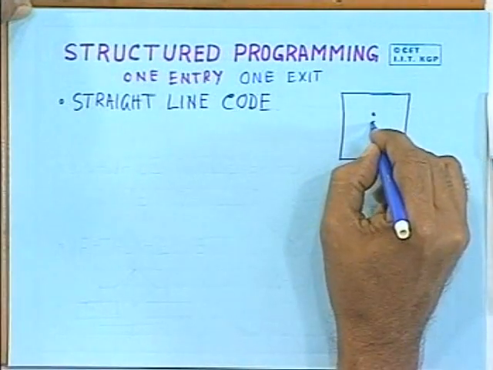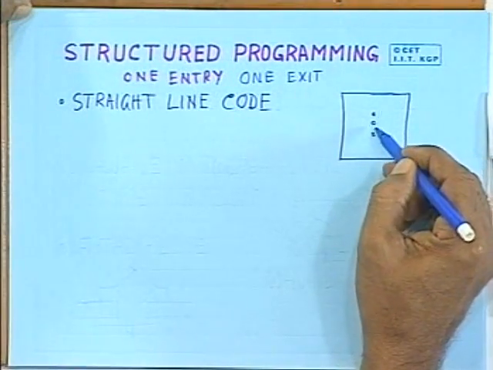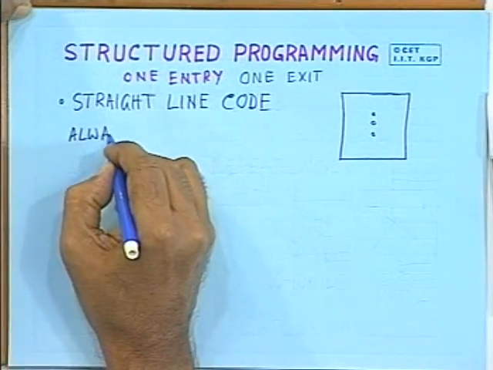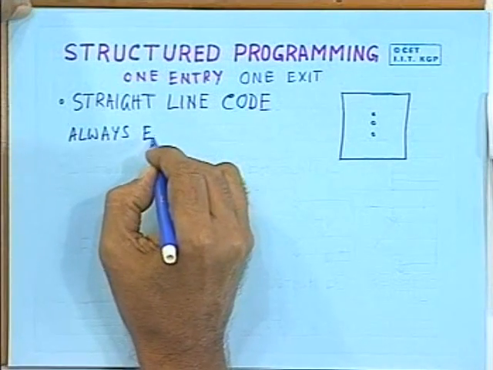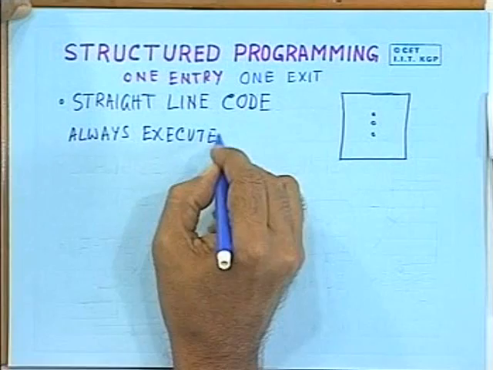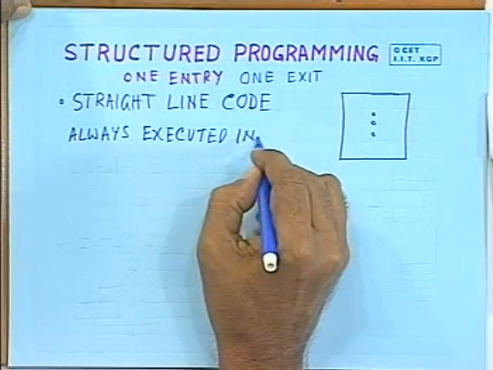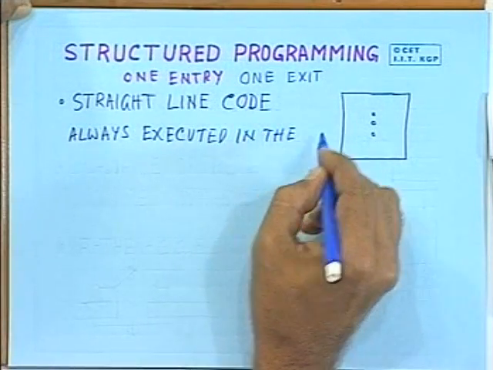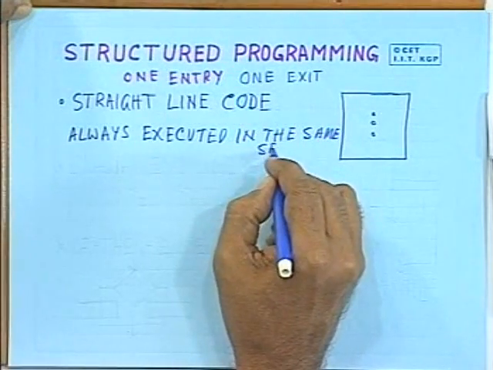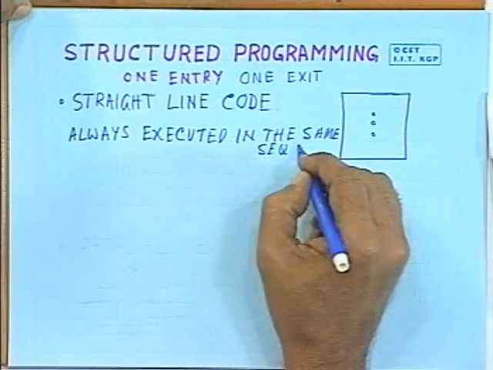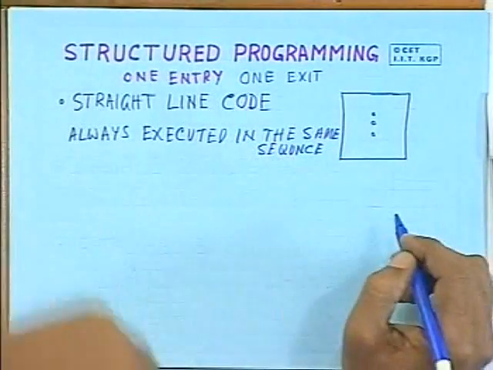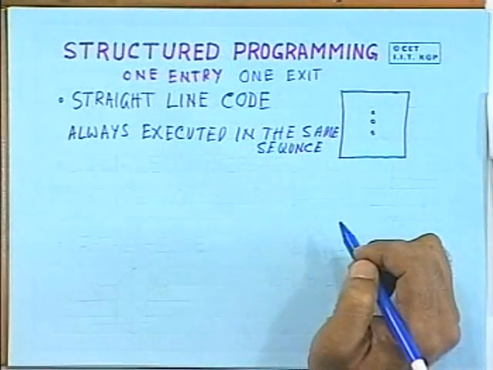You have a sequence of instructions which are always executed in the same sequence. These instructions do not alter their sequence of execution.